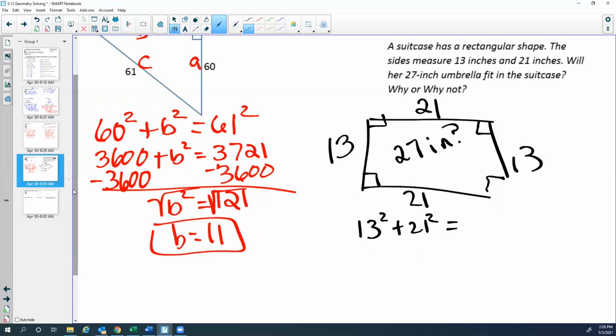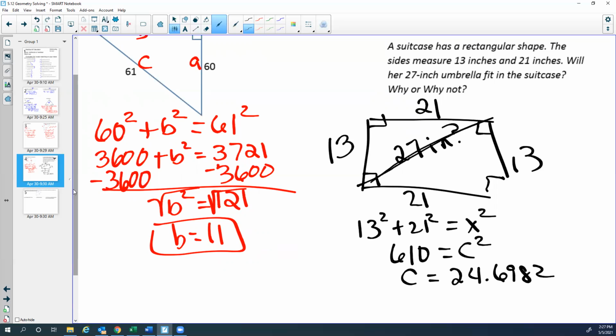Well, 13 squared plus 21 squared, I get 610 equals c squared, and I get the value of c to be 24.6982. So this long diagonal, the longest piece in here, where the umbrella would go, whether it's that diagonal or this diagonal, is only 24.6982 inches, which is why the umbrella cannot fit. It's too big.